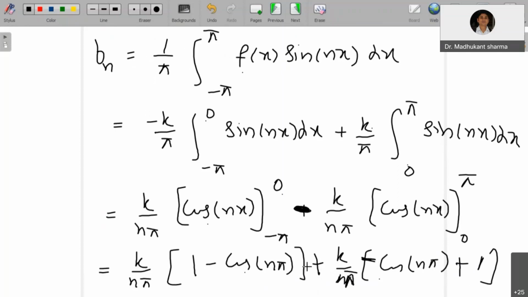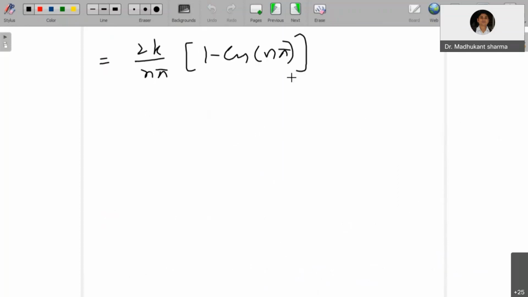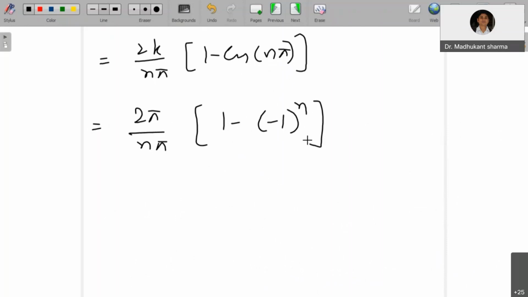So now, cos n pi is going to be minus 1 to the power n, so we have 1 minus minus 1 to the power n. If n is even, this term will be 0, so everything will be 0. That equals 0 if n is an even number.